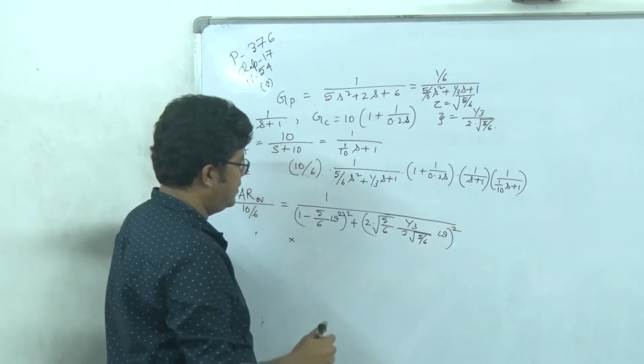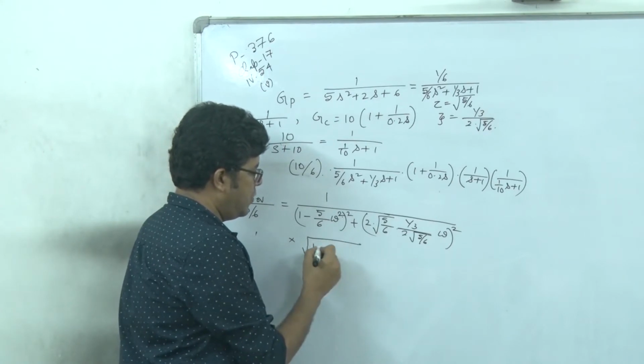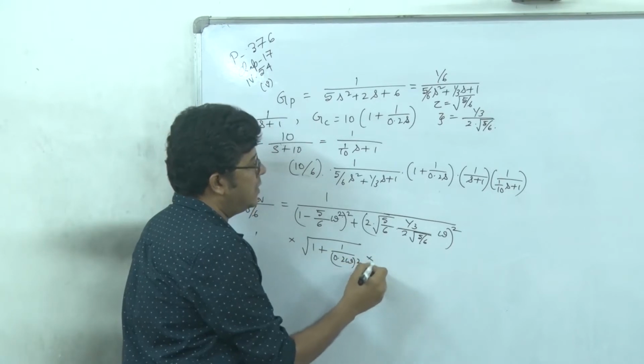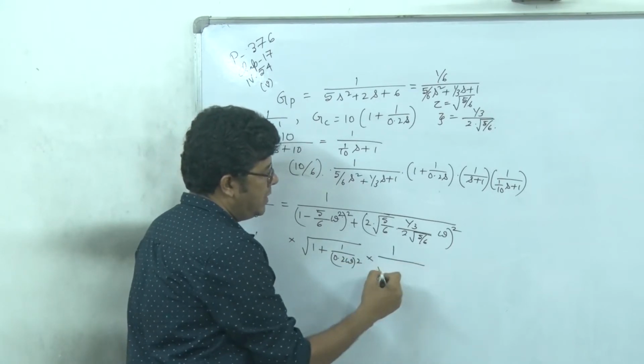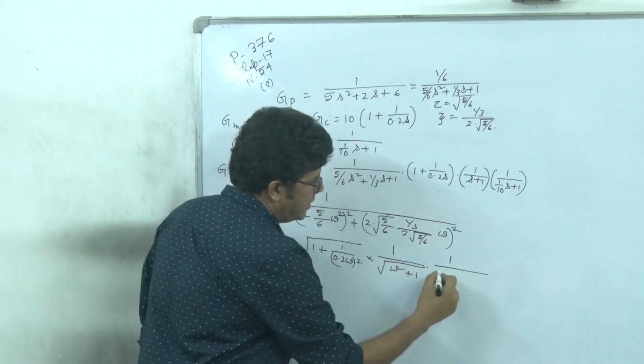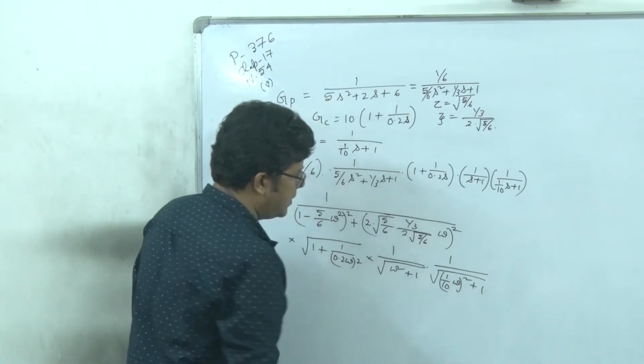So this is under root of 1 plus (1 divided by 0.2 omega) whole square, into 1 divided by under root of omega square plus 1, into 1 divided by under root of (1 by 10 omega) whole square plus 1.